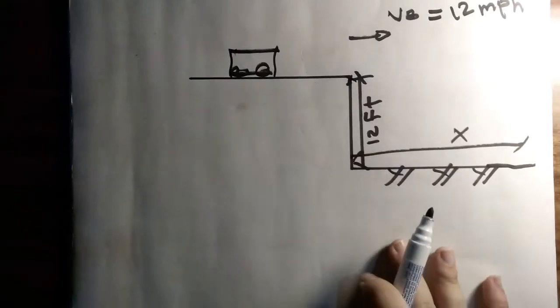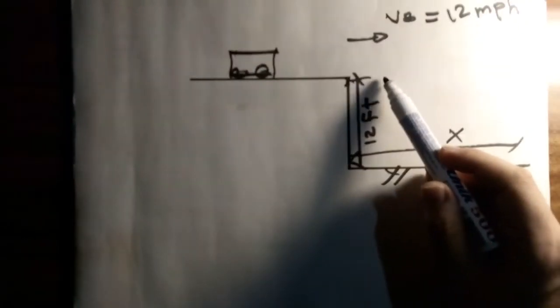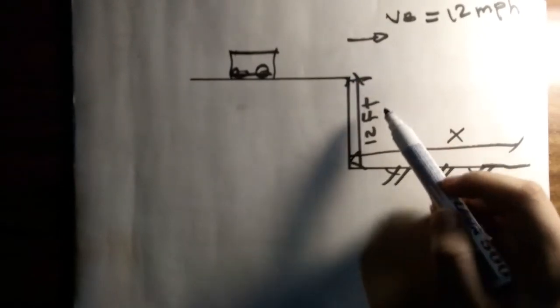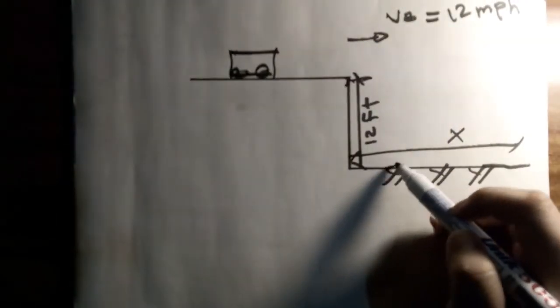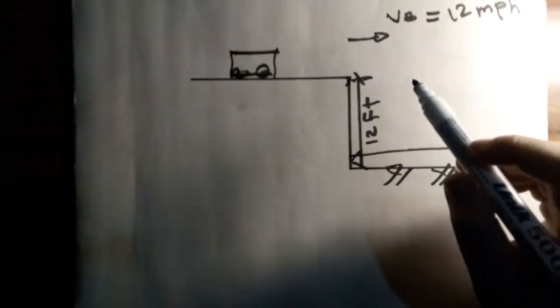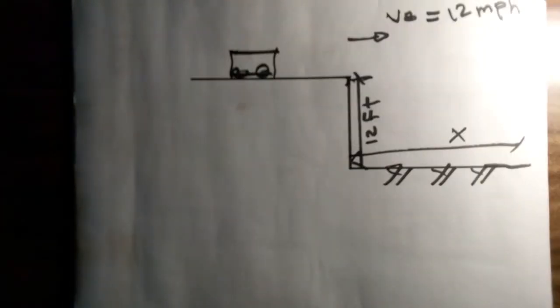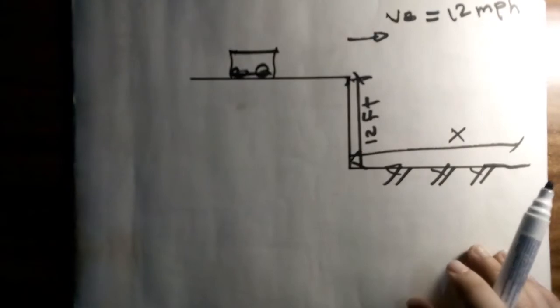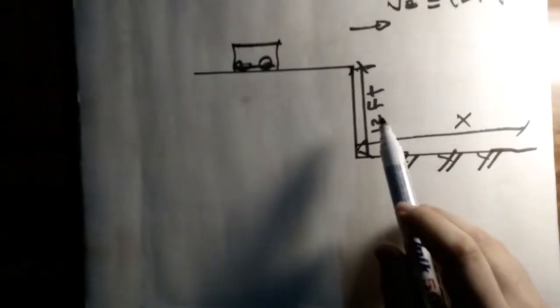So at the first we have to calculate the time the car will take to reach the ground, and then take this time multiplying this velocity, and we can calculate the horizontal distance. So the first step, we have to find the time.